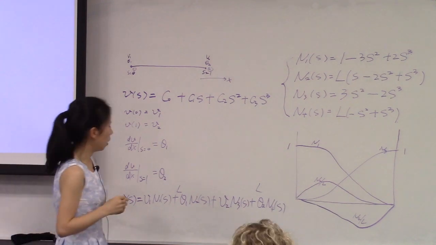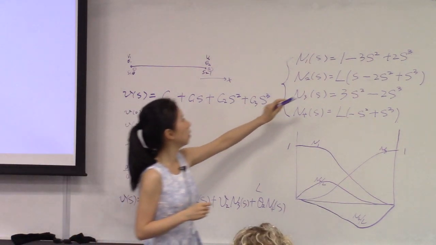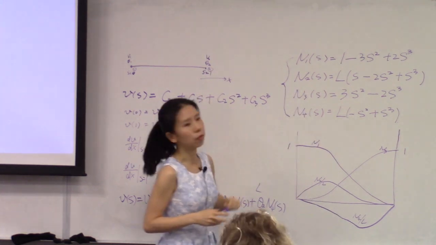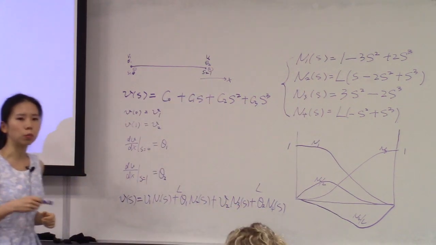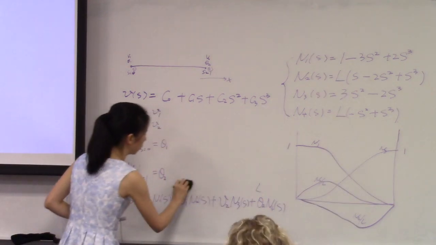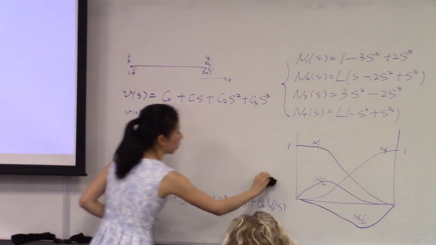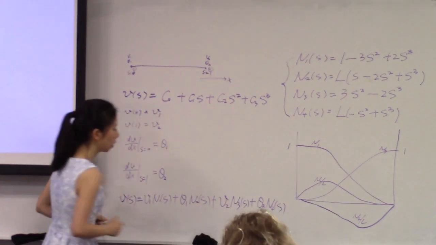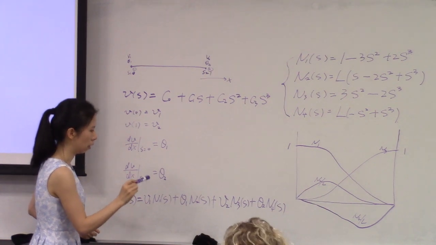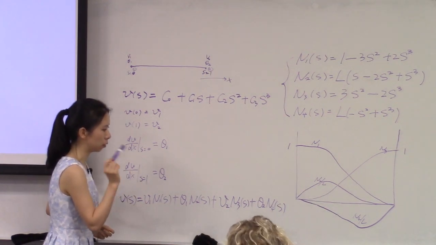Because in the shape function, we have L here and L here in the N2 and N4. To be consistent with the slides and textbook, I decided to remove this L here and here. So it's V1, N1, theta 1, N2, V2, N3, and theta 2, N4.